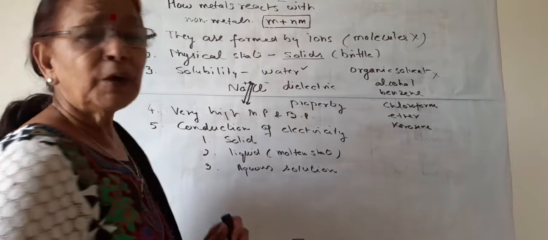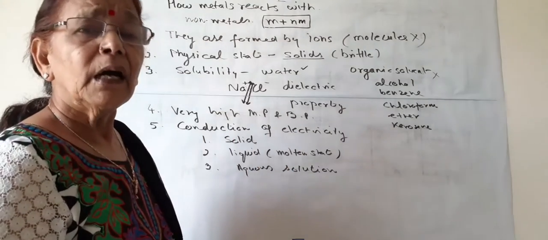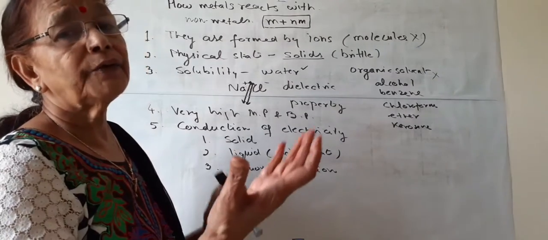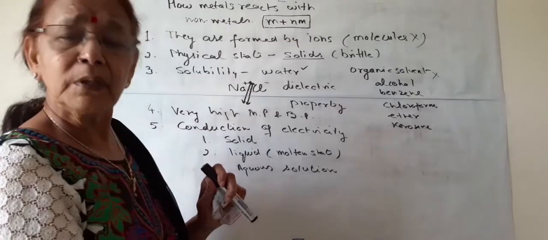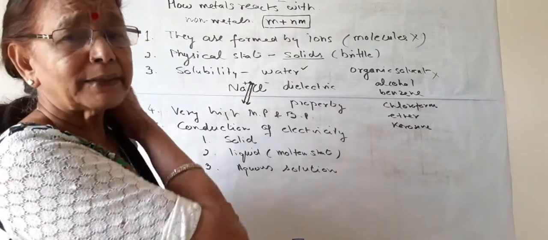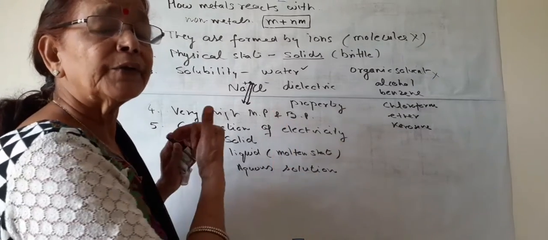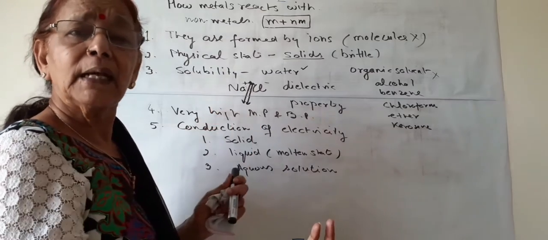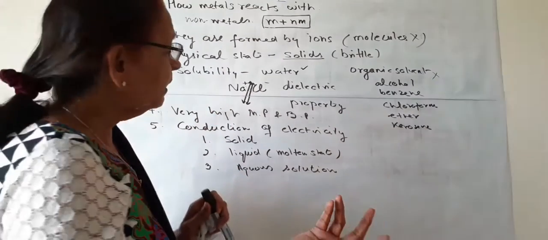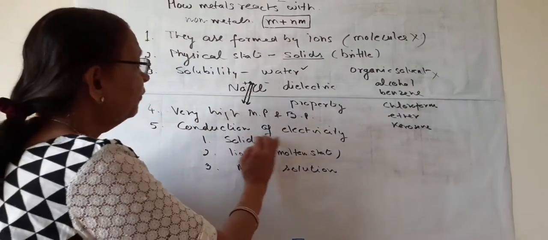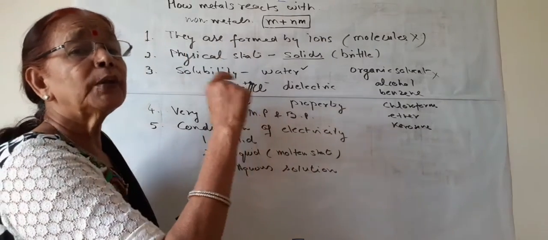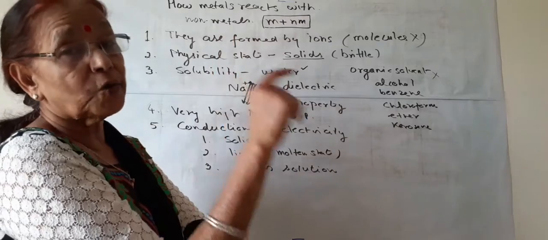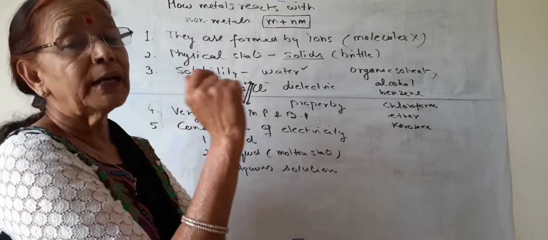Now all of you know what current is and how it flows. The current flows by the movement of ions or by the movement of electrons. You have done electricity: the flow of electrons through a conductor is the current. So conduction of electricity is due to free electrons or free ions.